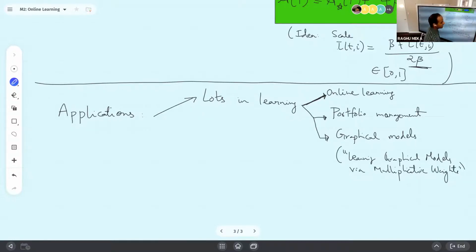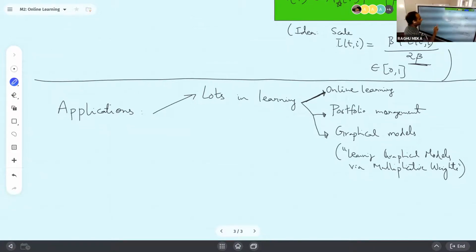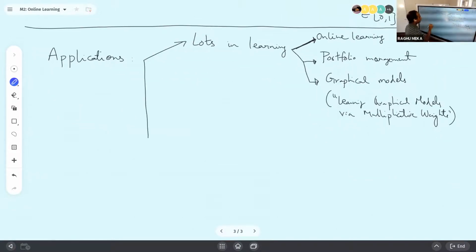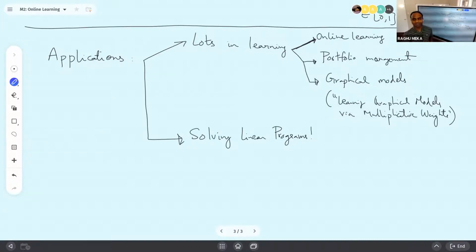Okay, so this is just to say that you can use it for learning problems which don't seem to have anything to do with online learning or learning with experts or things like that. And the other thing is that it's very useful by itself in solving things like linear programs. Forget learning. I just give you a linear program and ask you to solve it.